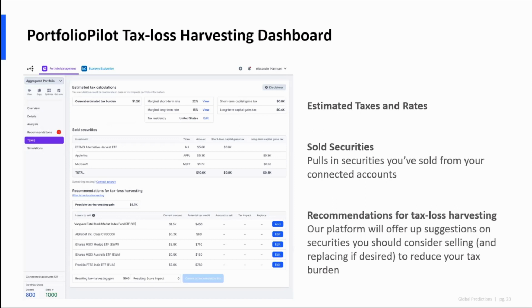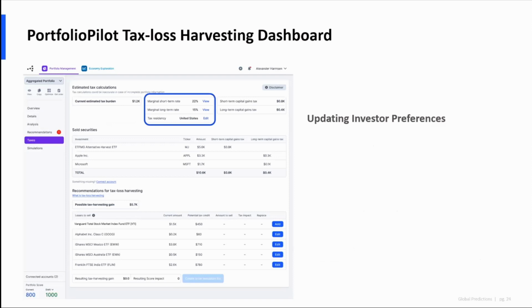If you have not sold anything this year, this section will be empty. And then the last part is that we've included recommendations for tax loss harvesting. So we are offering up securities that are already in your portfolio that you might consider selling and replacing if you desire to lower your tax burden.